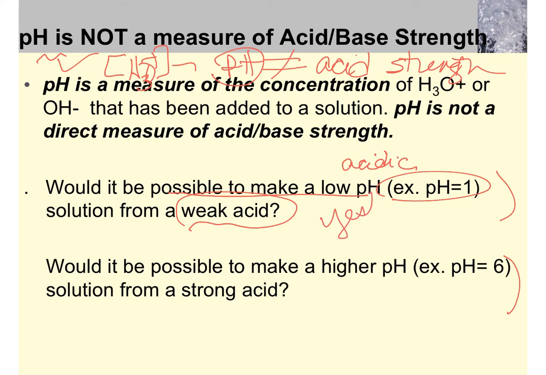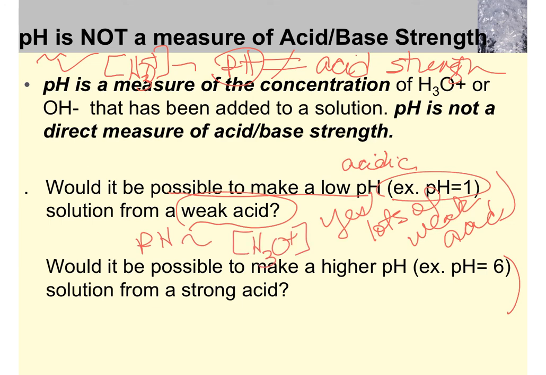I could take any weak acid, a super weak acid, and add simply lots of it to water, and I could still get a really low pH. Right? So remember that pH just tells us about the concentration of hydronium ion, not how the hydronium ion is made or what it's made from.